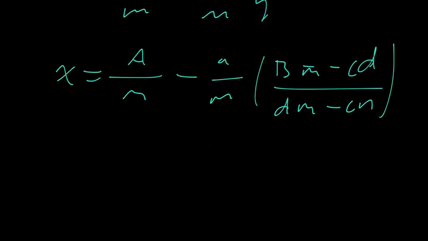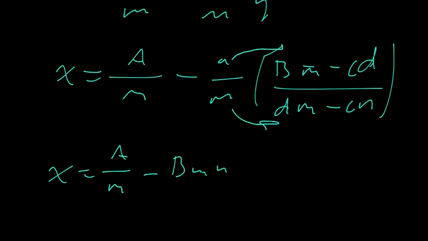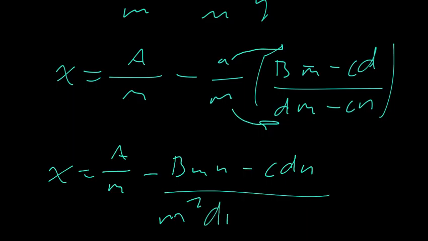And now again we're just going to use the distributive property and multiply this n through on the numerator and this m through on the denominator. So we'll have that x equals a over m minus bmn minus cdn, all over m squared times dm minus cn m.